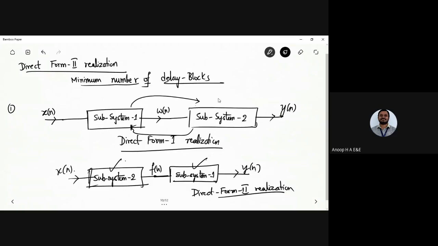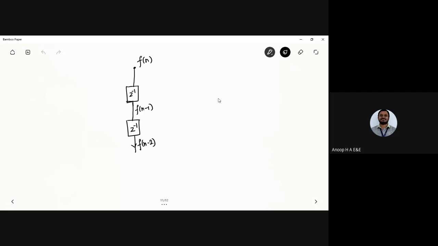Okay, let me come back to the realization now. I'll have f of n minus 1. I'll be taking one output, and at the same time one more output there. This input is x of n. This one here I'll be taking from f of n minus 2 again. Now f of n minus 1 is there, so what you can realize is that minus a1 is to be multiplied.